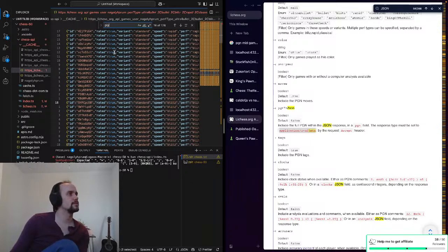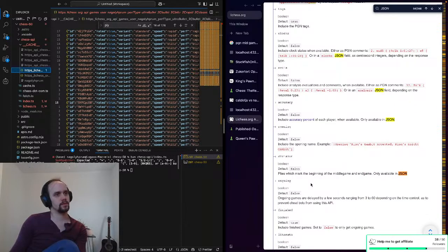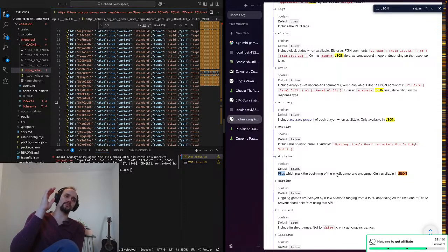Alright, well, what do we want to do here? I actually thought that it would do another division for the late game. It marks the beginning of the middle and end game. Okay, well, it says plies, which mark the beginning of the middle, and I don't know if they mean a ply that marks the beginning of the middle game and a ply that marks the beginning of the end game, or is it a ply that marks the beginning of the middle and end game?